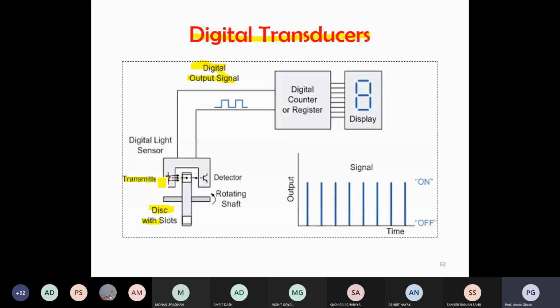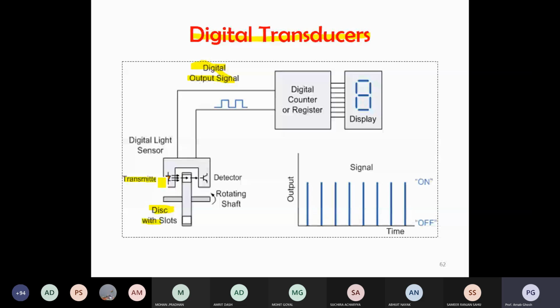In this optoisolator, if current flows through it, the LED will be blinking and emitting light, and that light will trigger the base of that BJT.